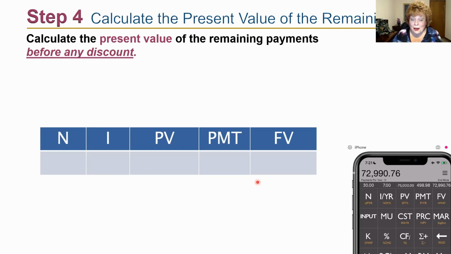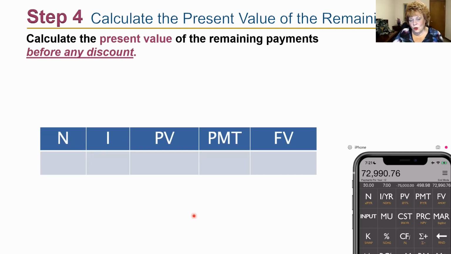But because the calculator uses PV, we call it calculating the present value of the remaining payments. Now, the reason that you want to do this, besides having a checkpoint, is you want to see what the present value is before we start discounting.